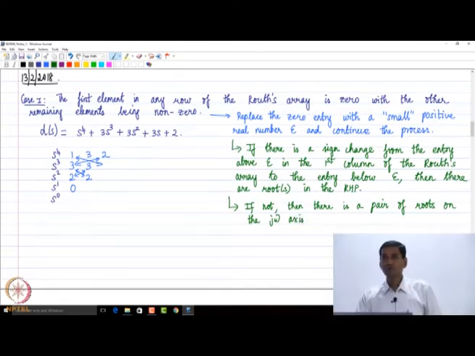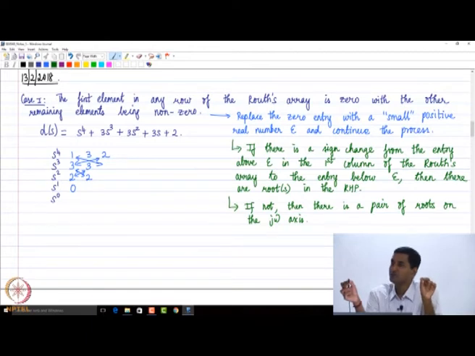Let me repeat what we are doing as a first special case. Let us say you construct the Routh's array and at some point you come to a scenario where the first element in any row of the Routh's array happens to be 0, with at least one of the other elements being non-zero.